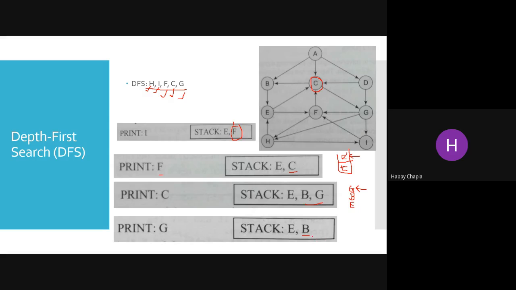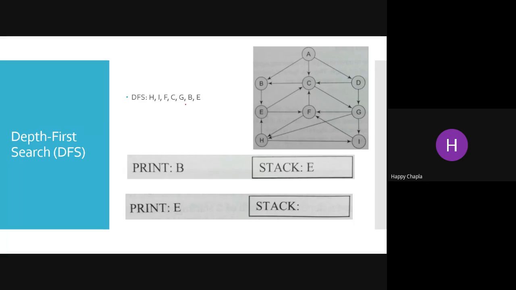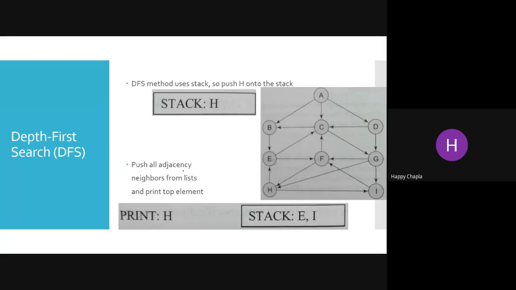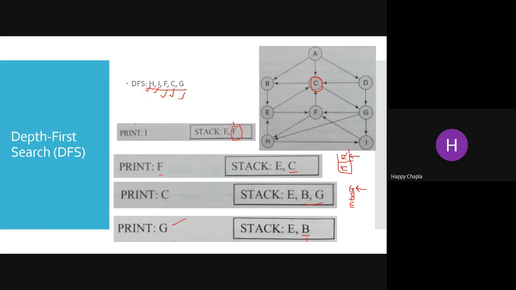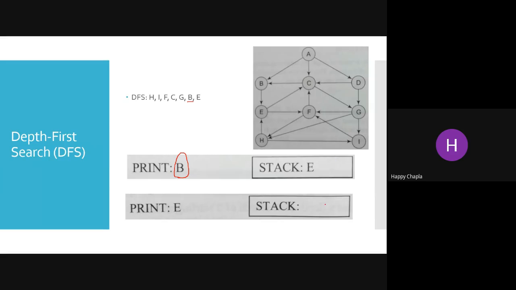Now visit your B node. G is already taken, so now it's time for B. B is printed on the screen as well as popped out from the stack. What are the adjacent nodes of B? The adjacent node of B is E. So we pop out our E from the stack.